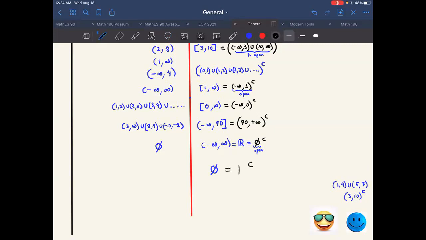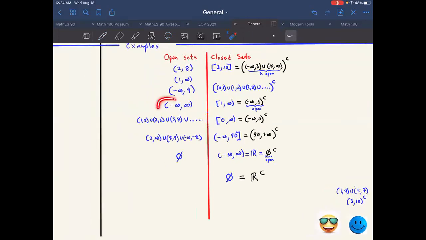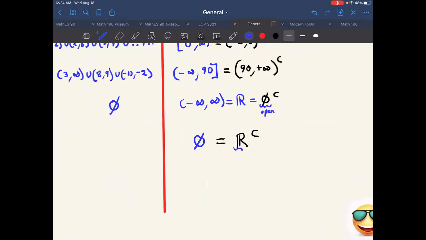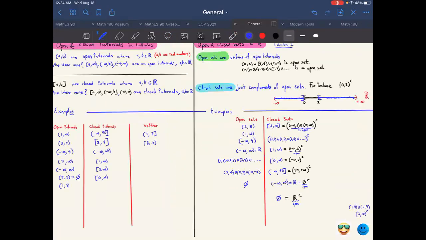Which one? The real numbers. And why are the real numbers open, Professor? Because the real numbers, that's an open set. And being this the complement of an open set, that makes it closed, right?